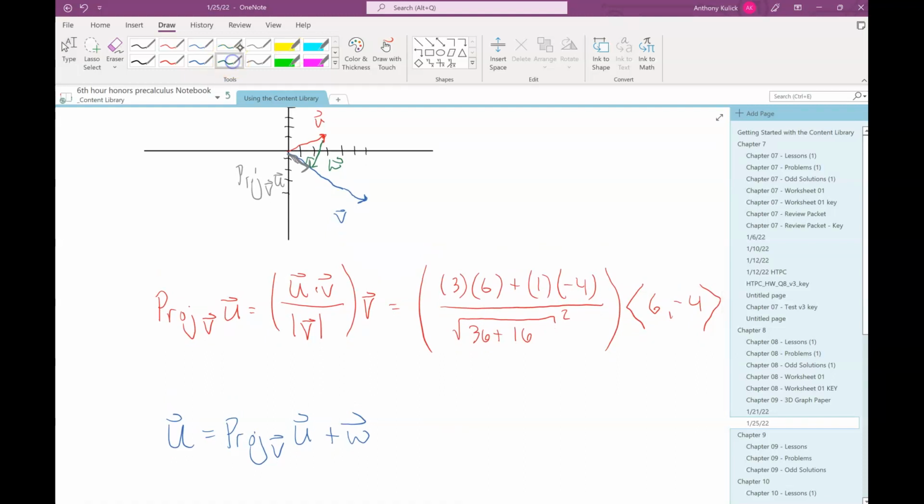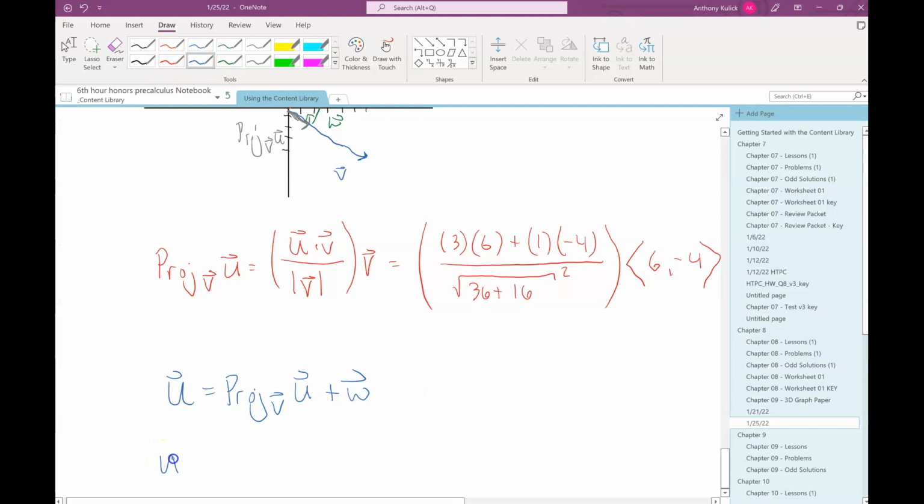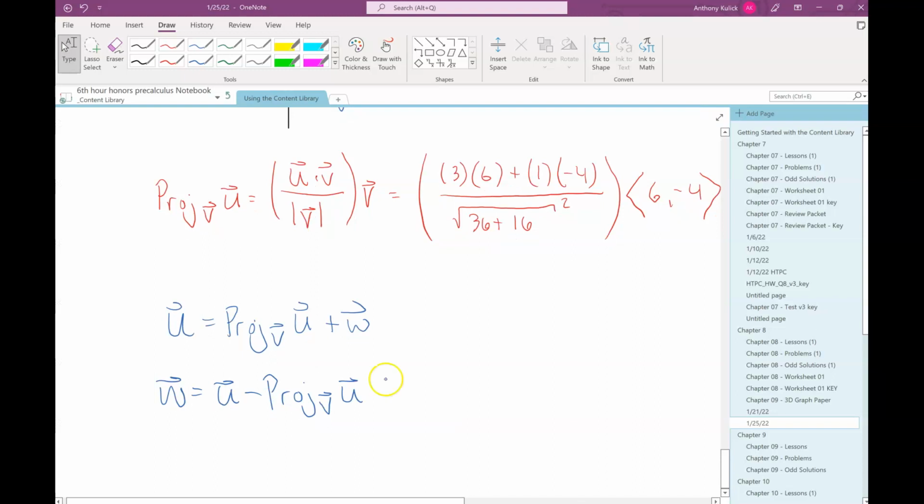I wrote that vector w arrow in the wrong direction in my picture. Oopsie daisy. So again, we can rearrange that by just subtracting the projection of u onto v from both sides. And I now can use that to solve for w.